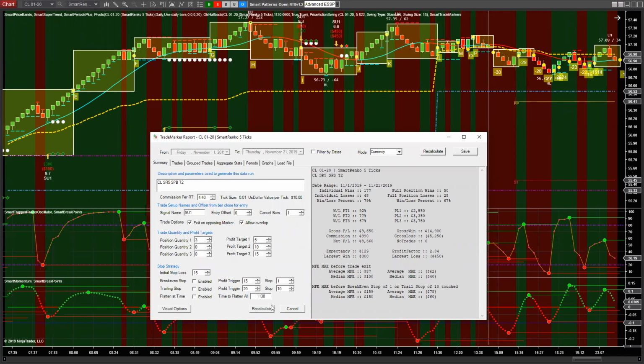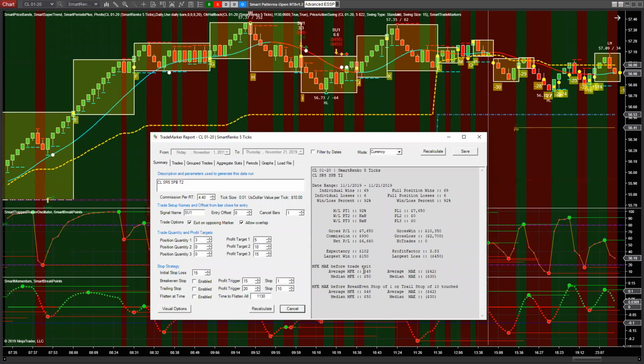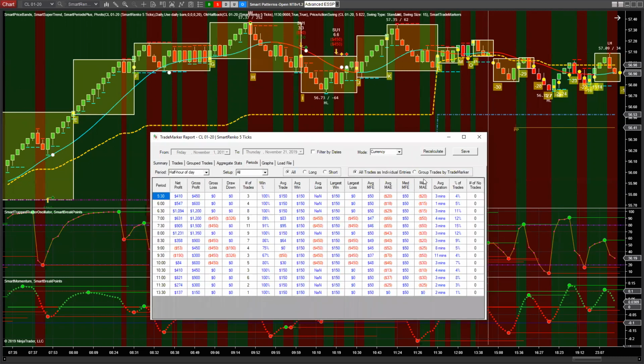Now this is 86.60, now 66.60, so it's a little bit smaller if I just scalp only. Now, I could go back over to my periods tab and see, well, it's only about 3 minutes a trade, especially if I take these 2 periods of the day out of there.